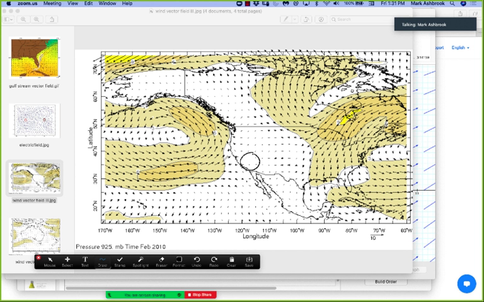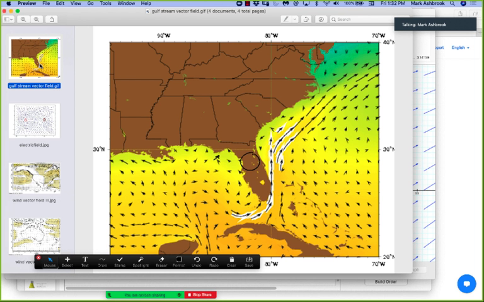Other places show the magnitude of the vector is the magnitude of the flow there, and the direction, of course, is the direction of flow. Here's the Gulf Stream around the Gulf of Mexico and the Atlantic Ocean around Florida. The white is showing you flow lines around the tip of Florida.